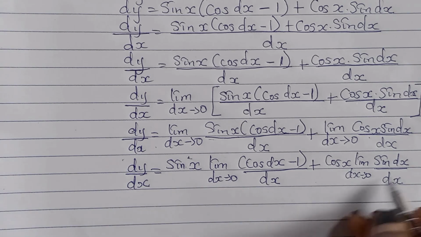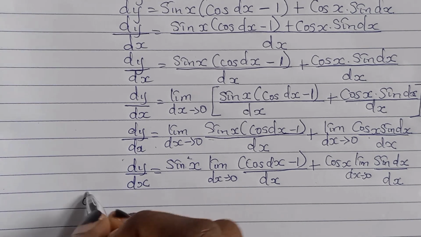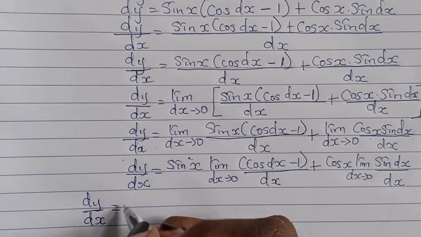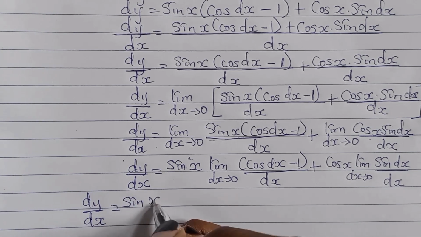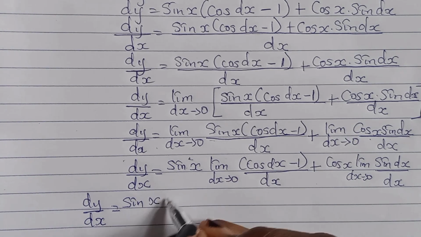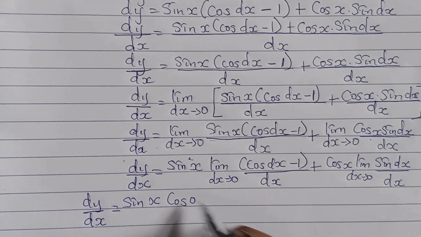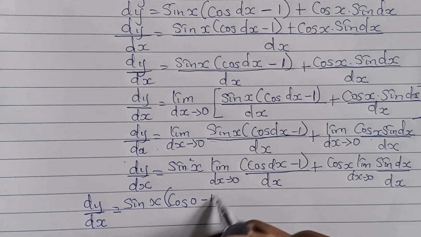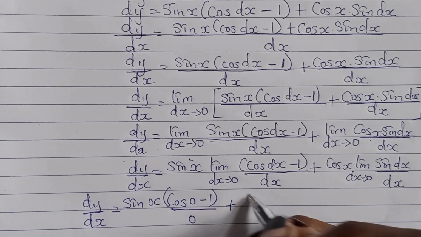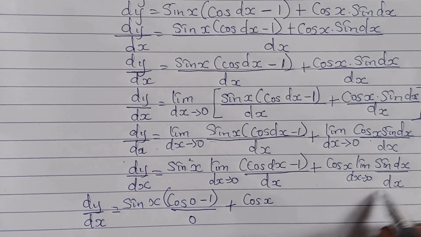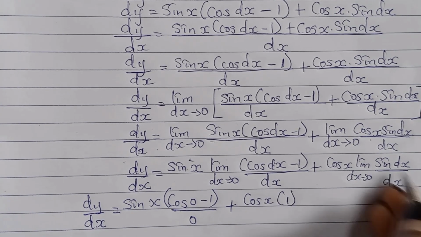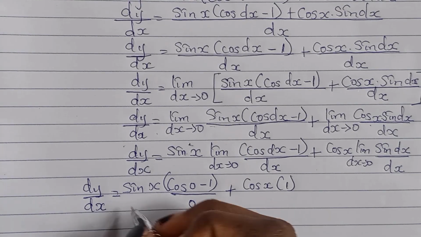So from here we have dy/dx equals sine x. If we limit this, the dx here will turn to 0, so it will be cos 0 minus 1 divided by 0, plus cos x, and limiting this whole expression here will give us 1.